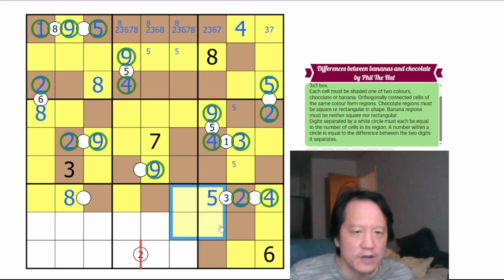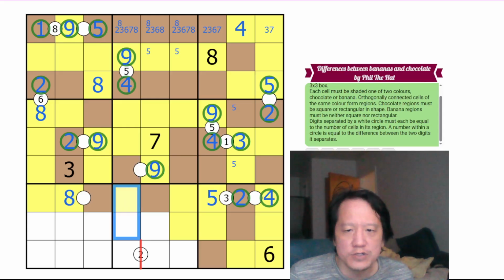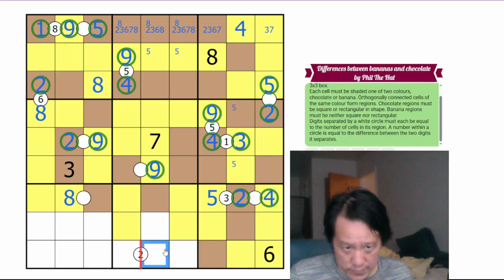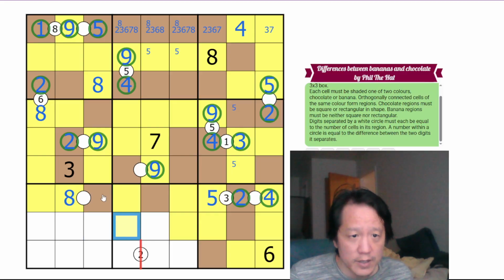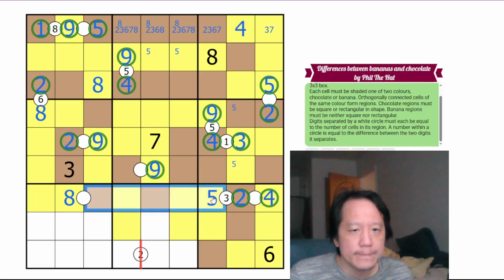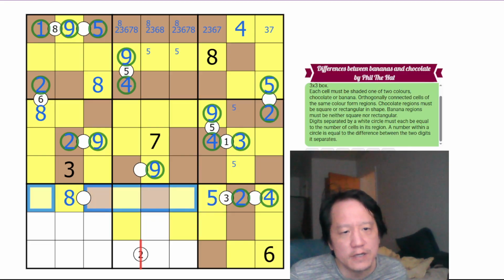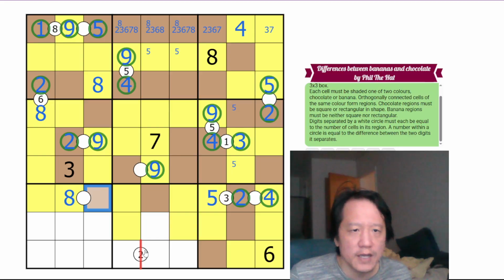This is 5. We are not done with that yet. Yellow cannot be just a singleton by itself. It has to move around. So we could go that way. Remaining digits in... This can only be size 1 or size 3.